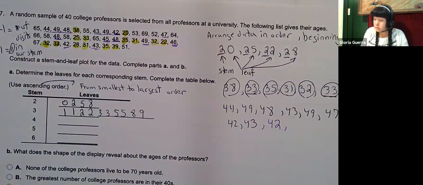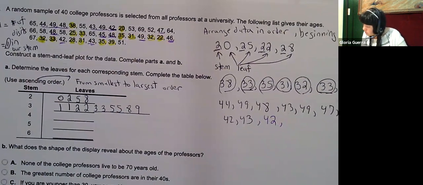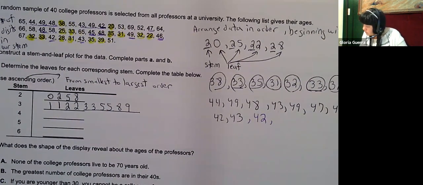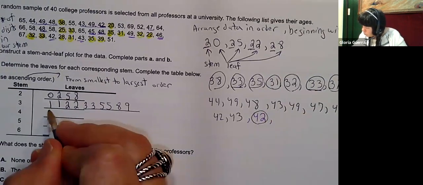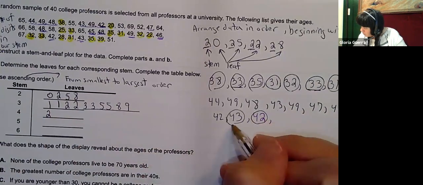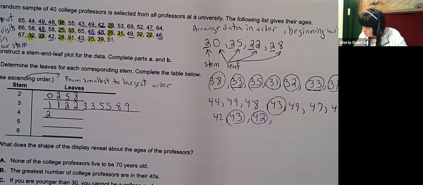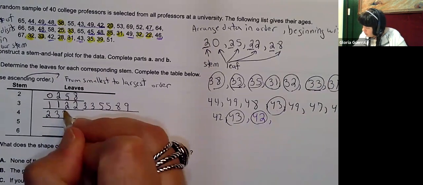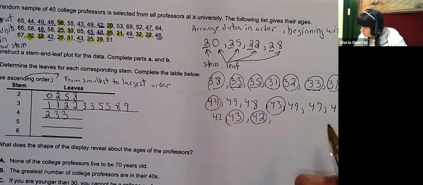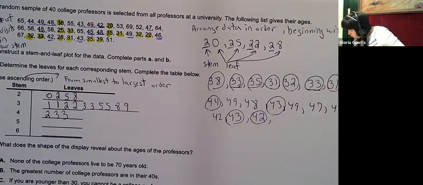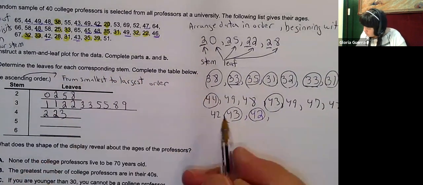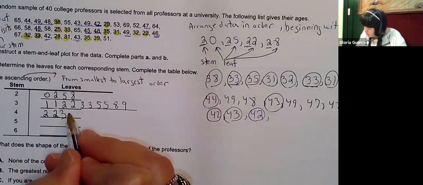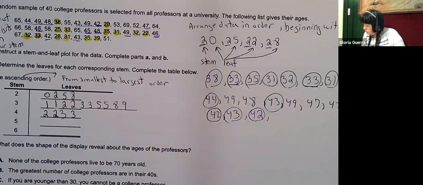In order from smallest to largest, I don't have any 40s, but I have a 42. And then I have two 43s. Oh, I have another 42. So I have two 42s, see that? And then two 43s.